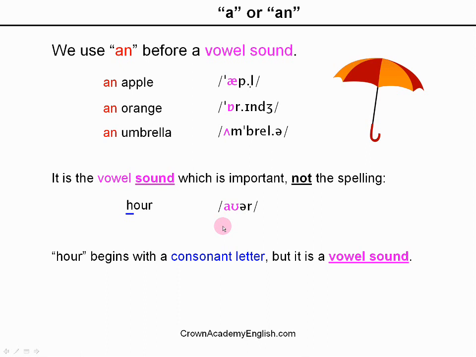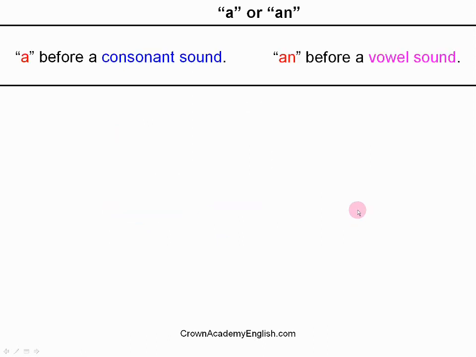We do not hear it. Therefore, we use an before the word, an hour. So here is a summary of the rules. A before a consonant sound and an before a vowel sound.